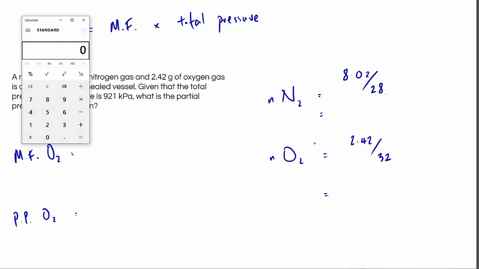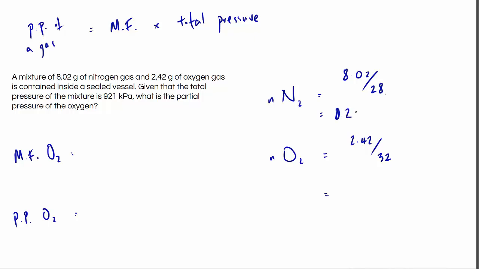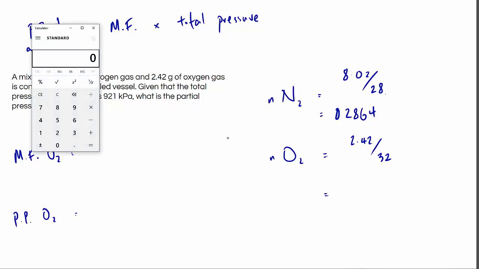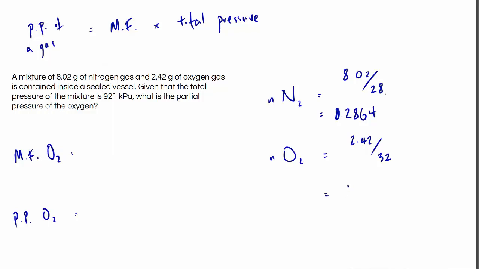We're going to get 8.02 divided by 28, 0.2864. If I was doing this in real life, I'd keep the value on the calculator, but I can't on this one, so 0.075625. So there's our two values for the moles.